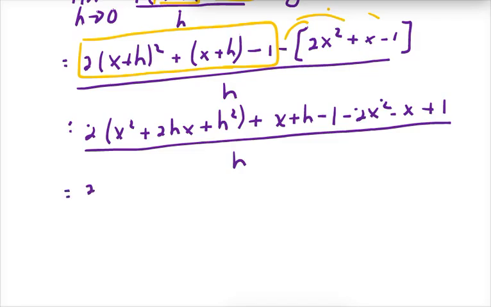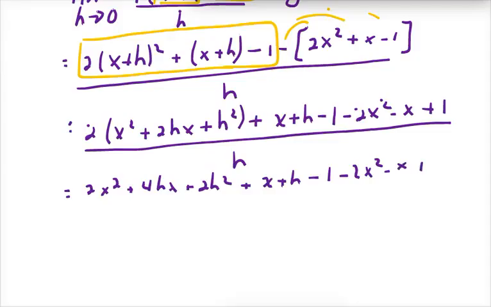Distributing in the 2, I've got a 2x squared plus 4hx plus 2h squared plus x plus h minus 1, minus 2x squared minus x plus 1, all over h. It's getting late and I shouldn't be doing this when it's this late.